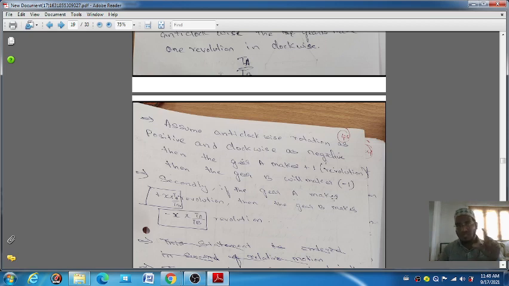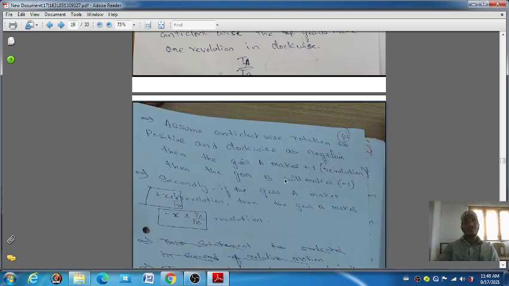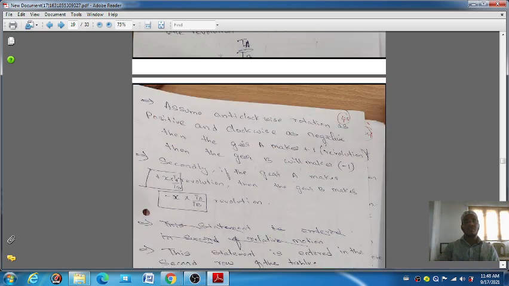If the gear is moving clockwise, that is negative. If the gear is moving anti-clockwise, you have to take its value as plus. If the gear is rotating in the clockwise direction, whatever the value is, you have to take it as minus. That is very important here.